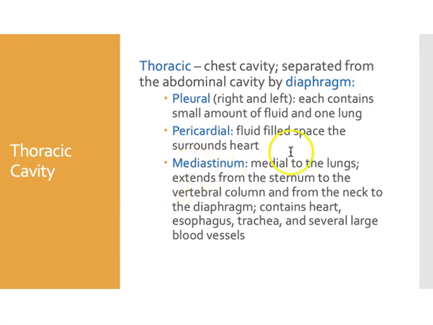So from the sternum anterior to the vertebral column posterior, and from the neck down to the diaphragm. So superior to the neck and inferior to the diaphragm. Inside the mediastinum, you're going to find the heart, the esophagus, the trachea, and several large blood vessels.